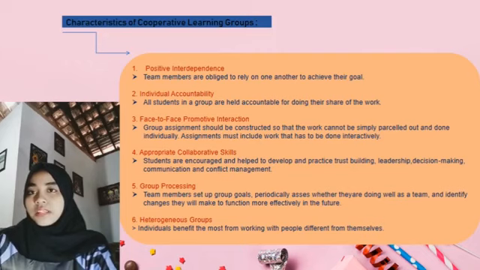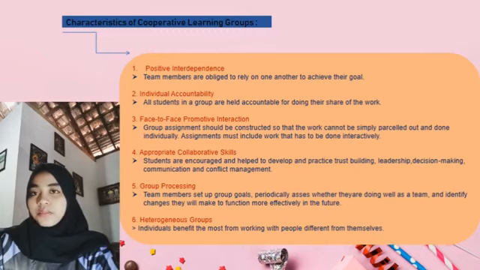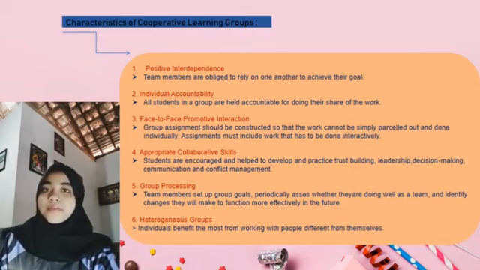Positive interdependence exists when students perceive that they are linked with group mates in such a way that they cannot succeed unless their group mates do, and that they must coordinate their effort with the effort of their group mates to complete a task.